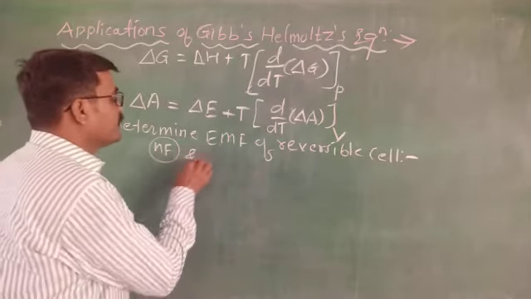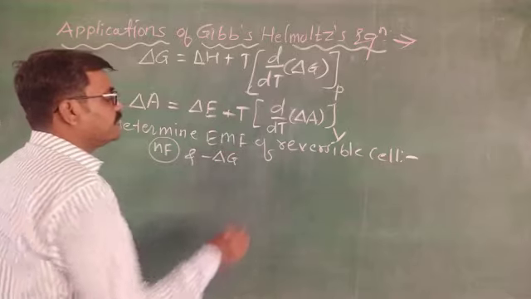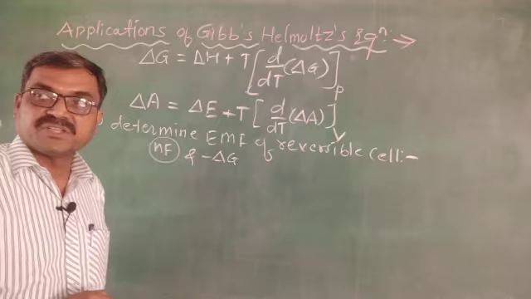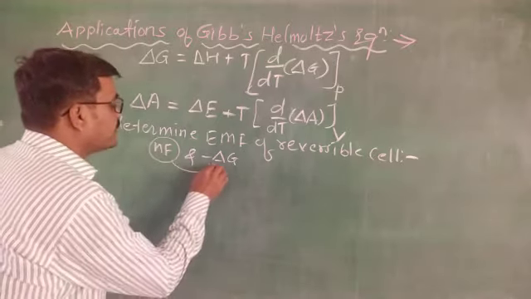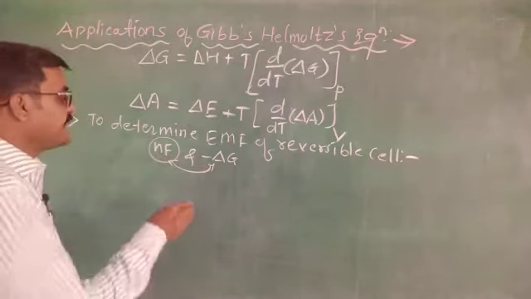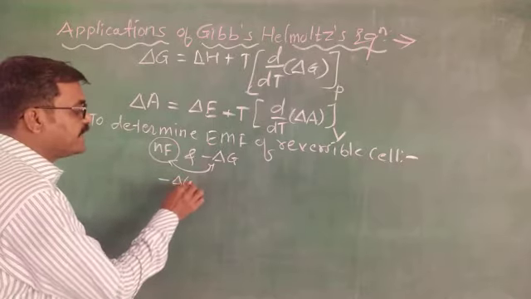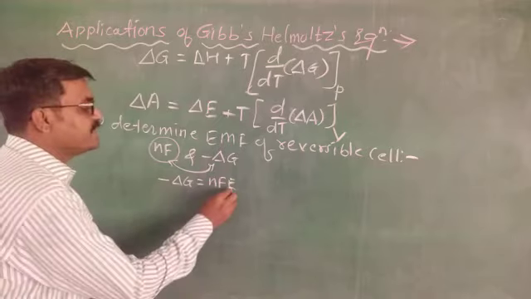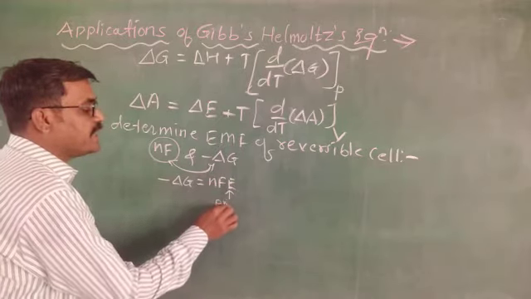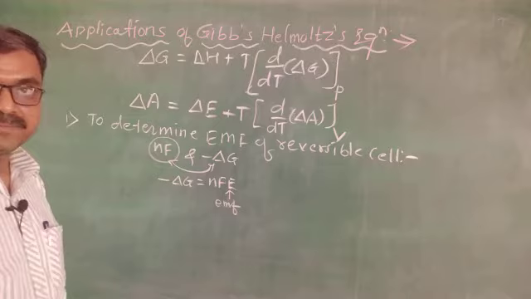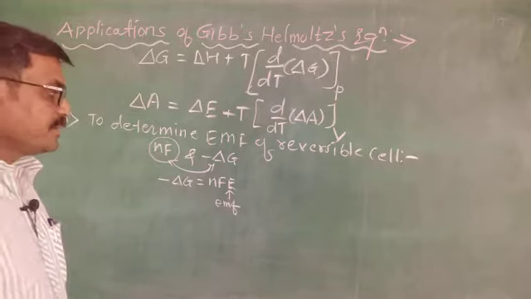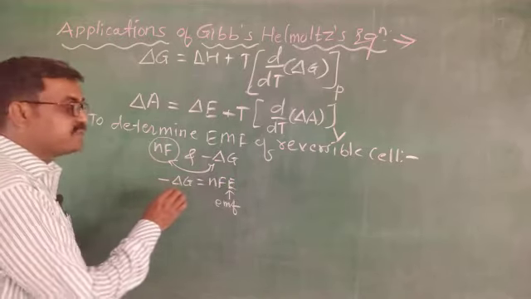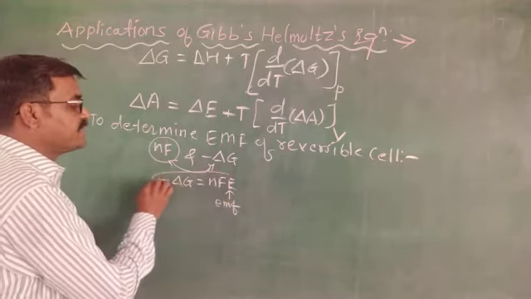And if minus delta G is the decrease in the Gibbs free energy, then there is a relationship between these two, and that relation is minus delta G equals nFE, where this E is called the EMF of that cell. Are you getting clear? Now, what is the relationship between the EMF of a reversible cell and the Gibbs free energy?